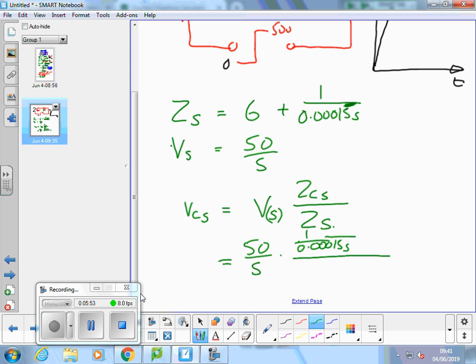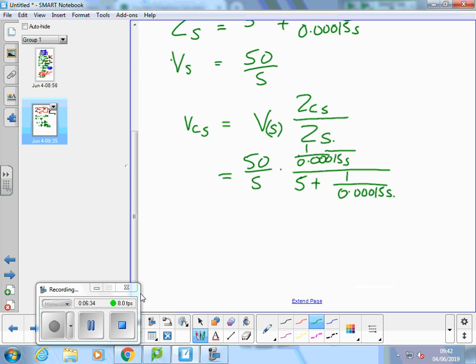That's easier than changing all the numbers. Underneath, 5 plus 1 over 0.0015 S. Yep, all happy with that.